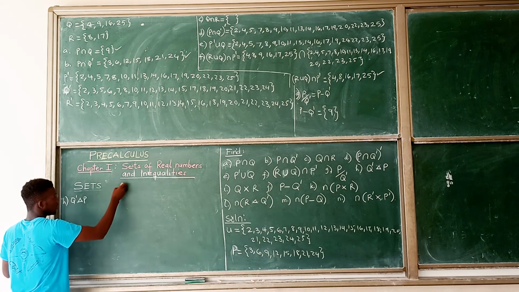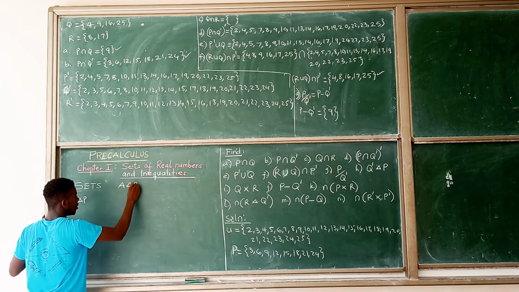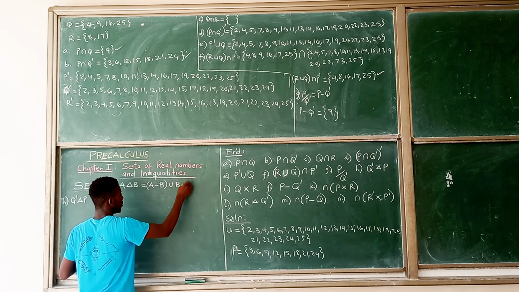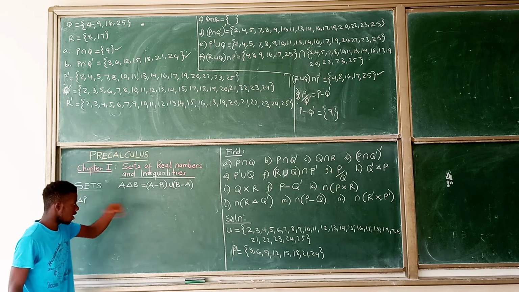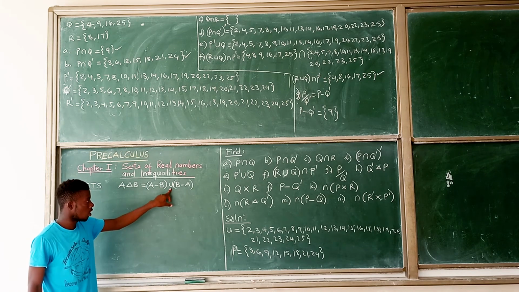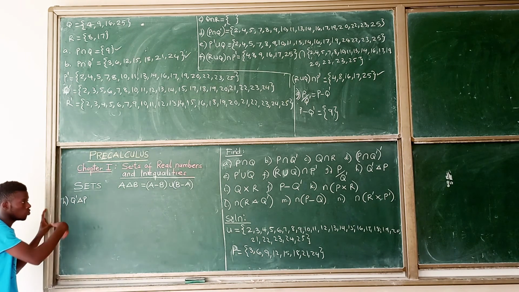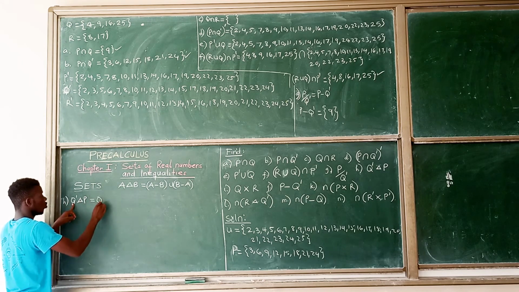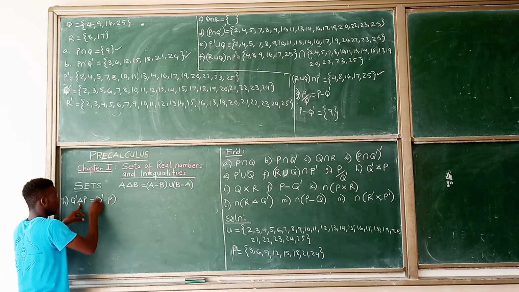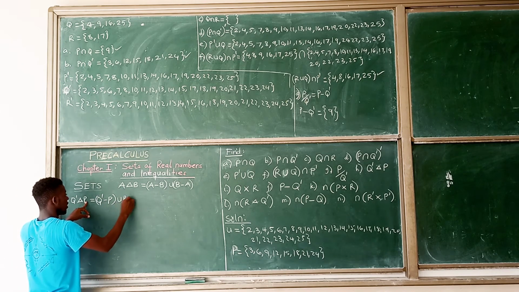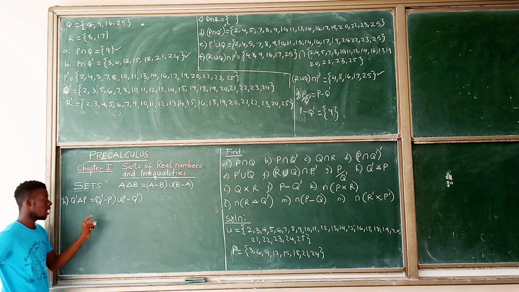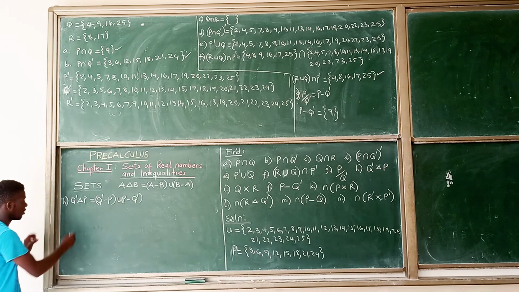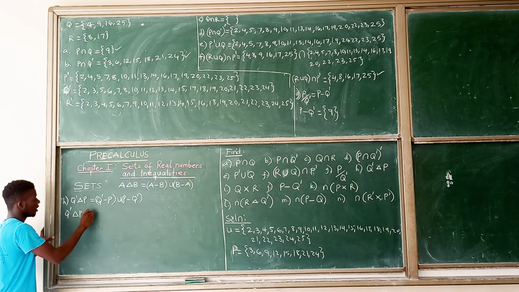A symmetric difference B is just A minus B union B minus A. This means you are finding the elements that are in set A and not in set B, union the elements in set B that are not in set A. So for these two sets, Q complement and P, we have Q complement minus P union P minus Q complement. So let's get that done.